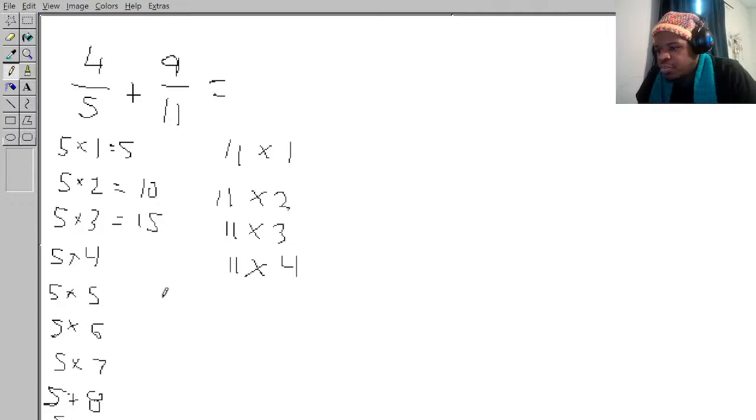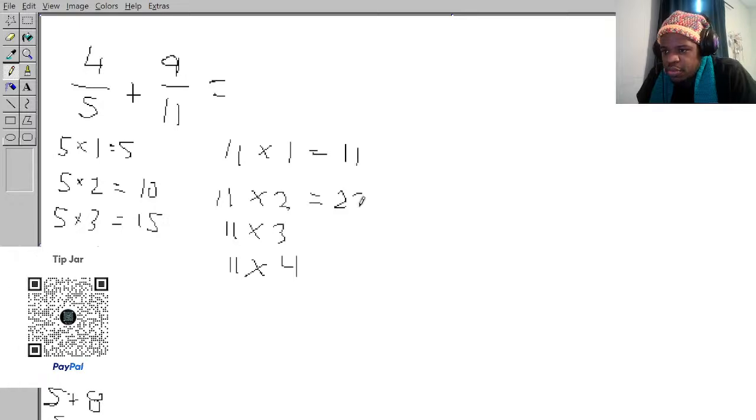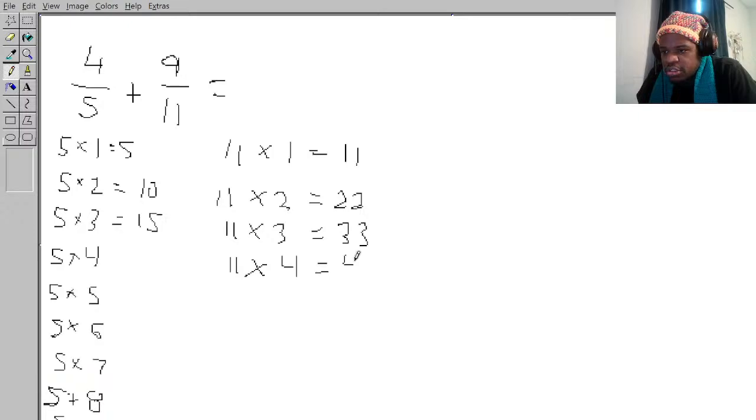So we're breaking down these into their respective multiples so we can find the least common denominator. So I know where this is going already.